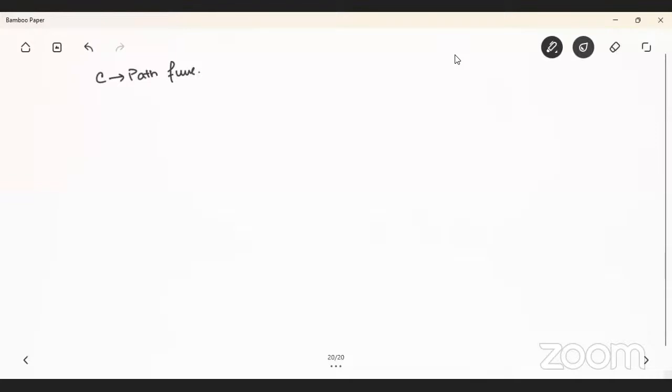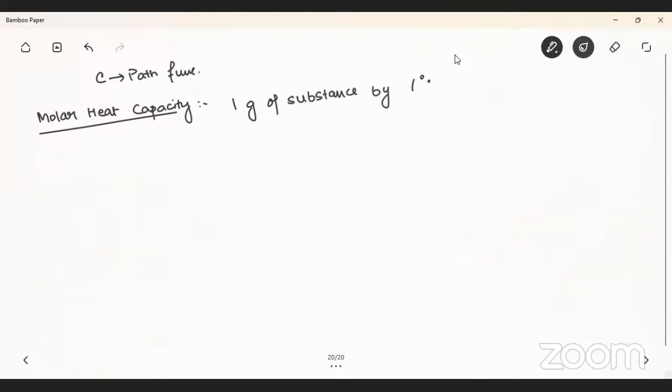Now we will be learning about molar heat capacity. We learned about heat capacity, now molar heat capacity. What is molar heat capacity? Molar heat capacity is the amount of heat required to raise the temperature of 1 gram of substance by 1 degree Celsius.